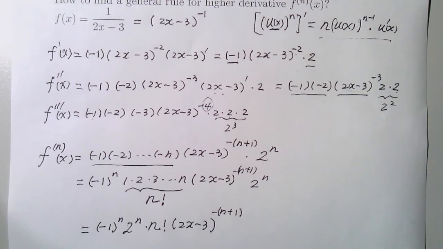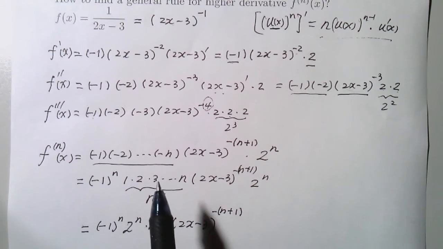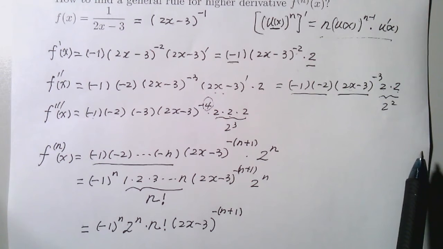So you can see, in order to find the general rule for a function's higher derivative, normally you have to find the patterns when you take derivatives. A good way to recognize the pattern is, when you get the numbers, make sure you don't multiply them together.